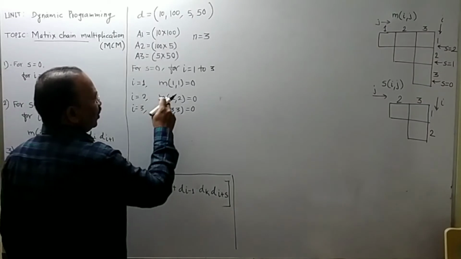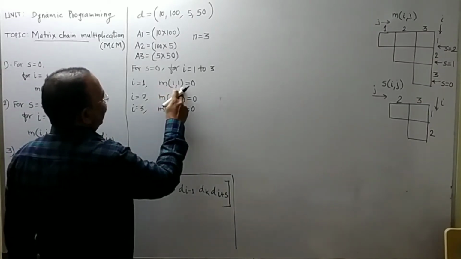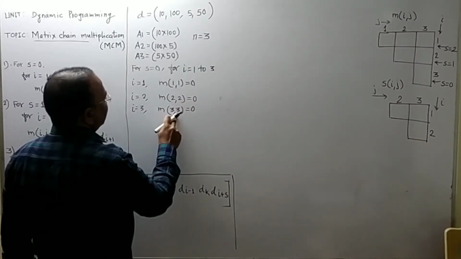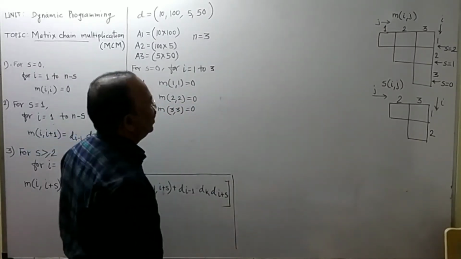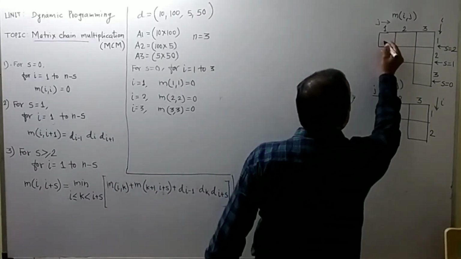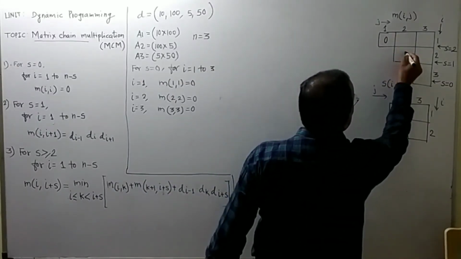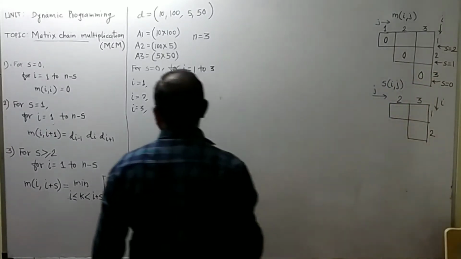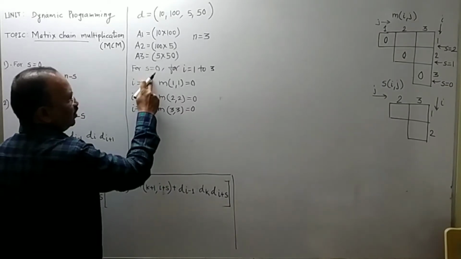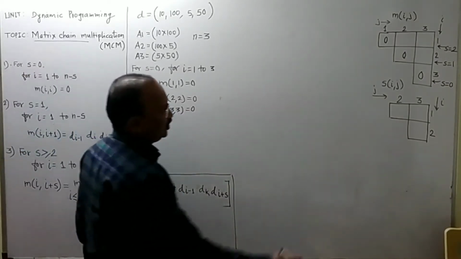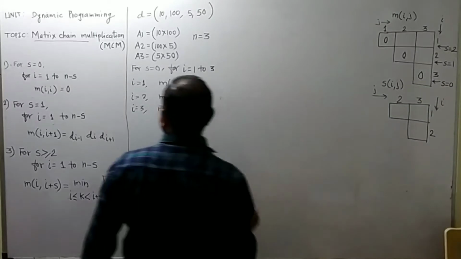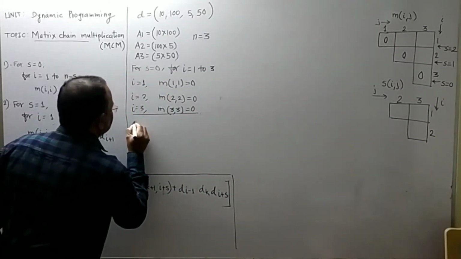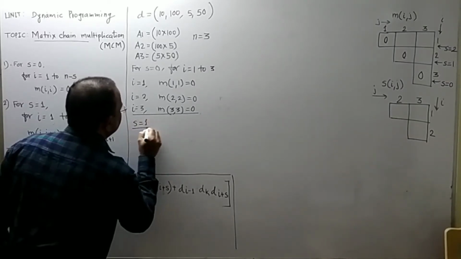Now M of 1 1 put 0, M of 2 2 put 0, M of 3 3 put 0 in the M table. So this is 1 1, put 0; this is 2 2, write 0; this is 3 3, write 0. Now this is for s is equal to 0, meaning diagonal s is equal to 0. Now the next diagonal is s is equal to 1.